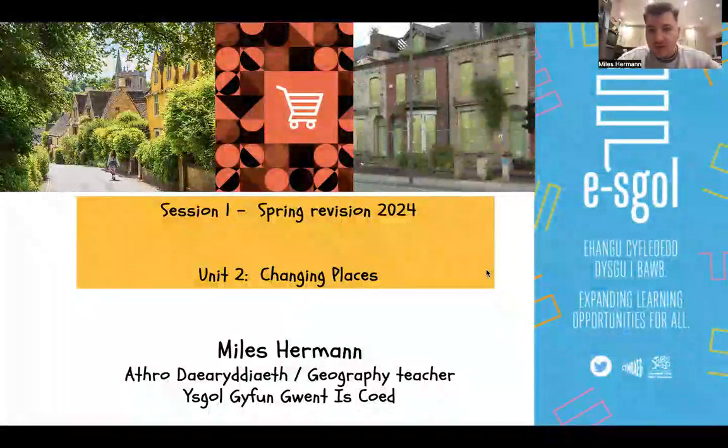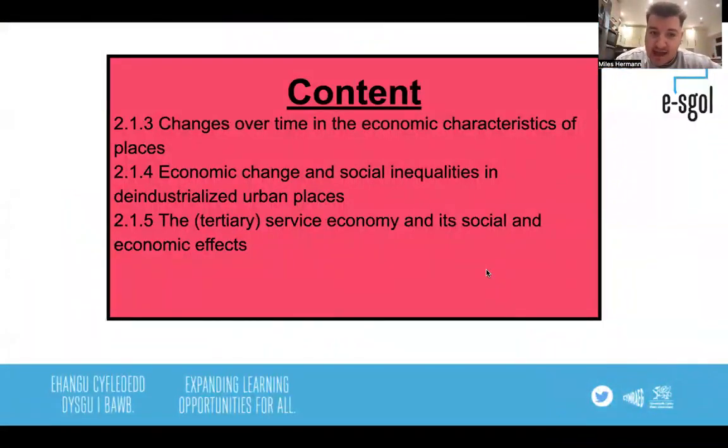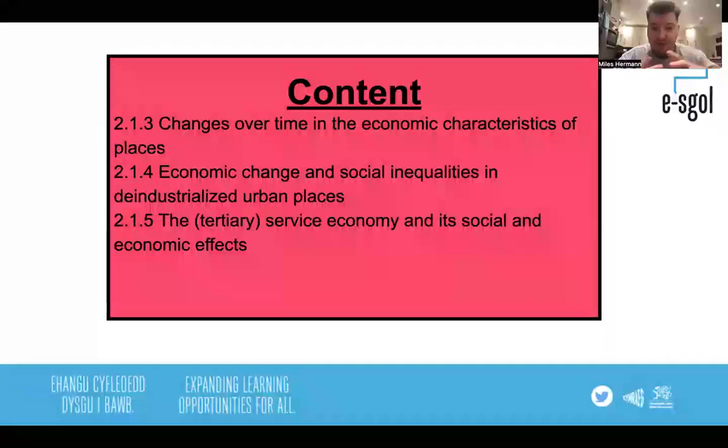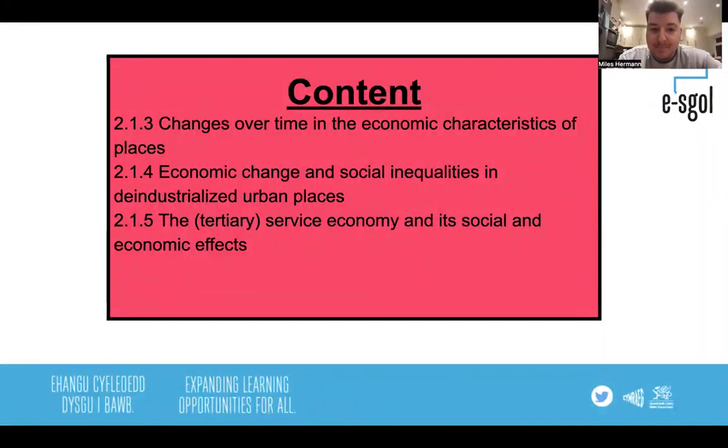So let's get started. Today's content will be an overview of three units or questions that we need to know for the examination. There are 10 key questions that we need to know for this examination in the Unit 2 changing places unit.